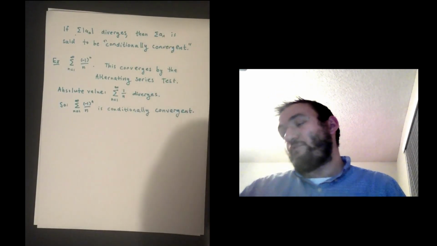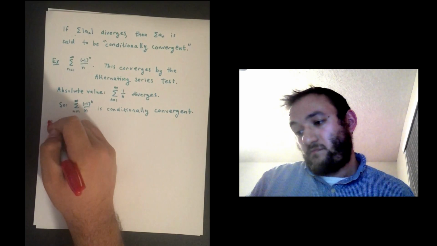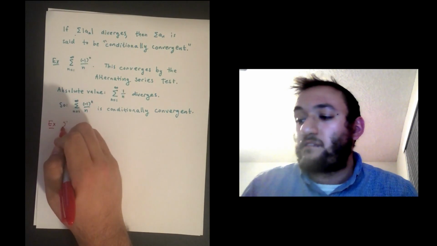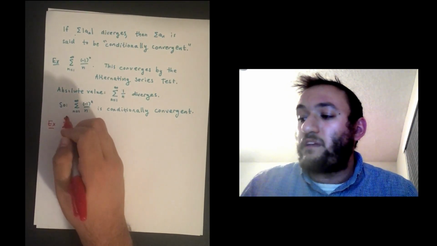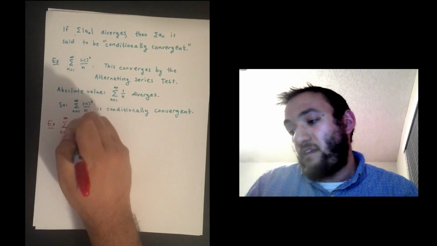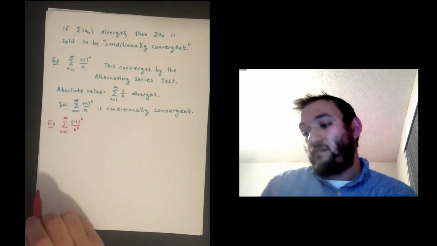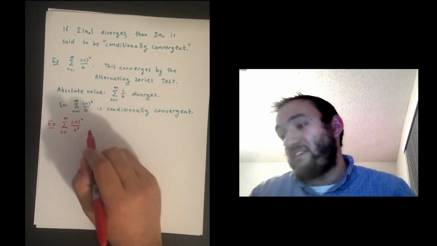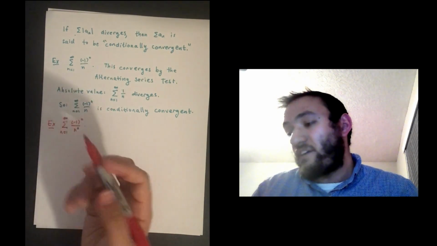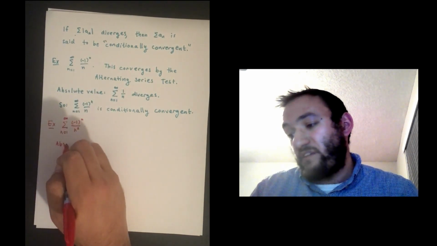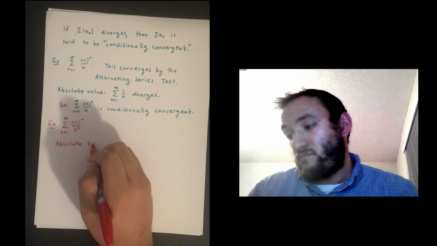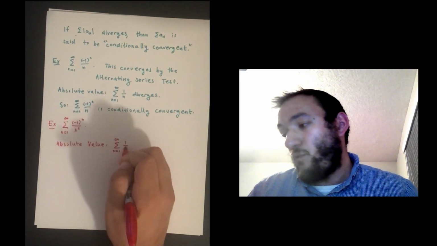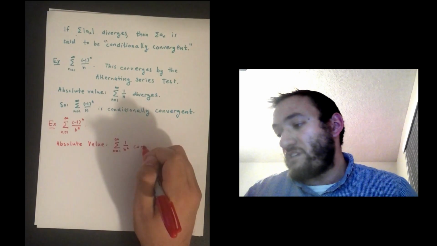Let's look at another example. If we have the series sum from n equals 1 to infinity of minus 1 to the n divided by n squared, I could use the alternating series test to verify that it converges. But I could also just say, let's take the absolute value, that is given by 1 over n squared, which converges.